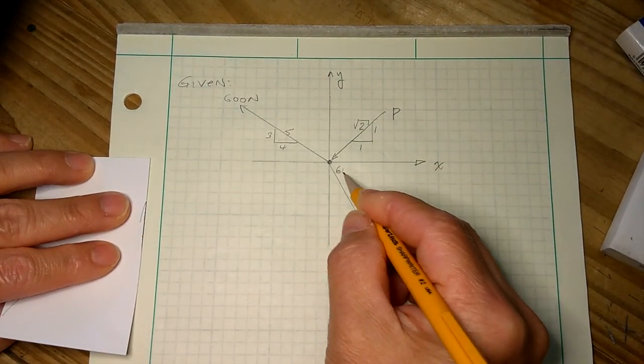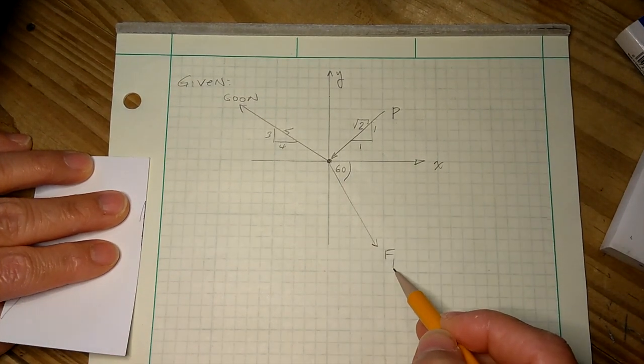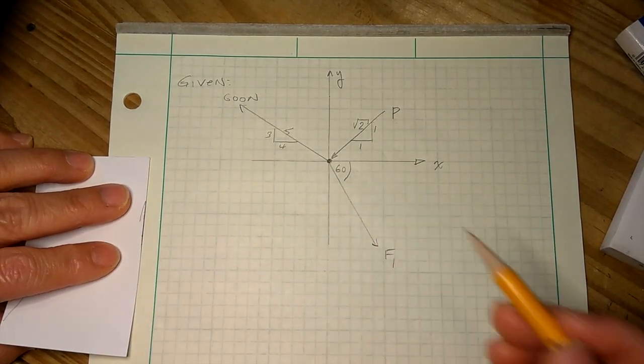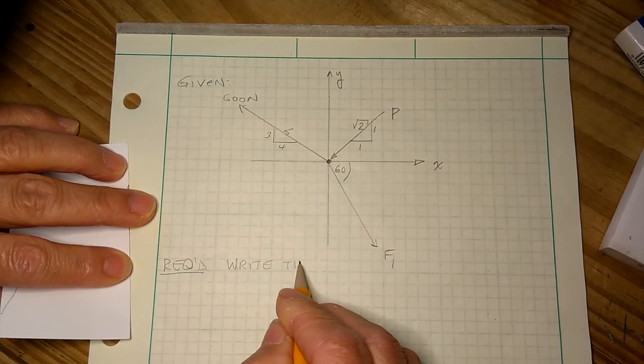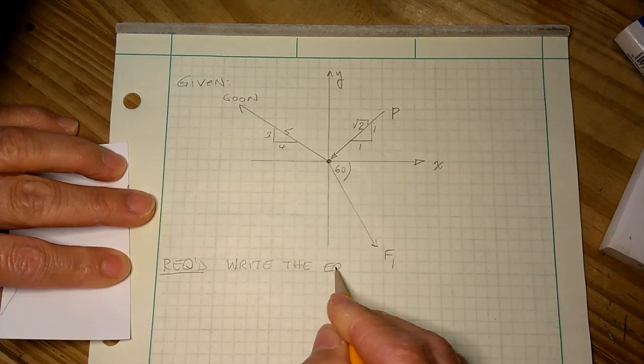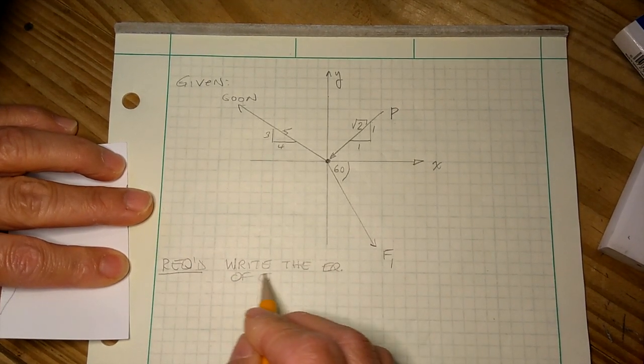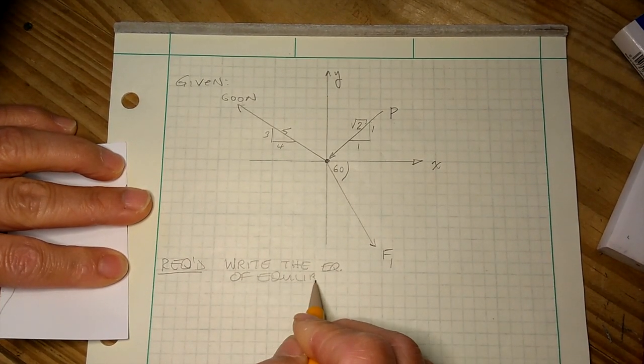And they also let us know that this force F1 was at an angle of 60 degrees. They'd like for us to write the equations of equilibrium.